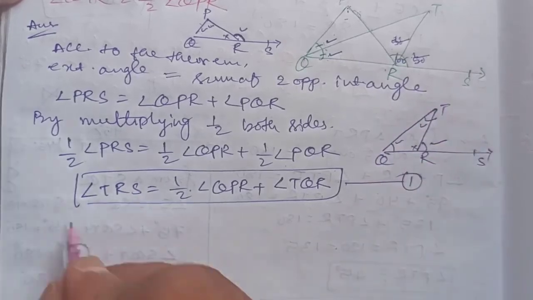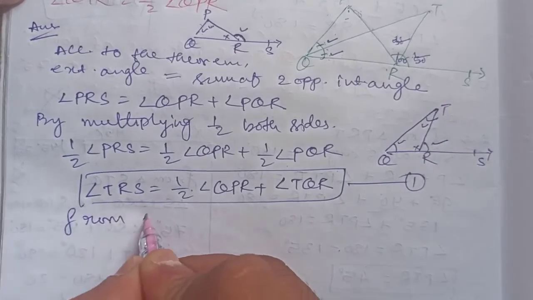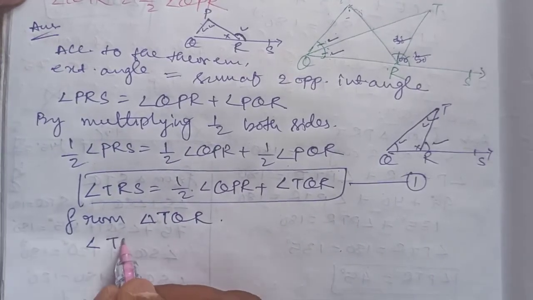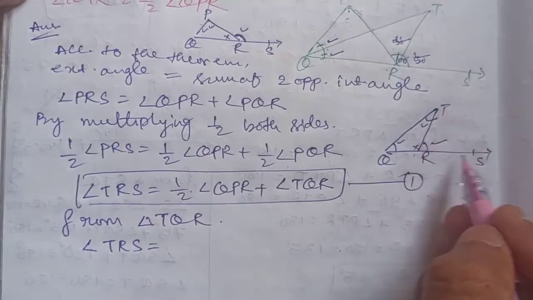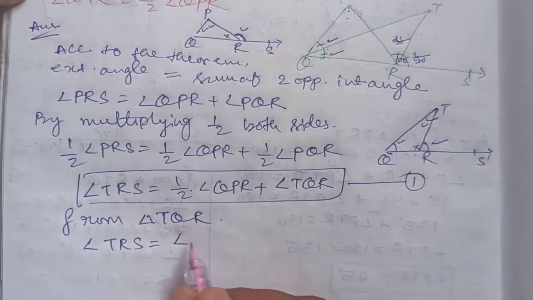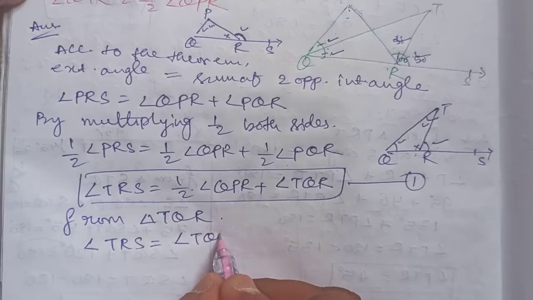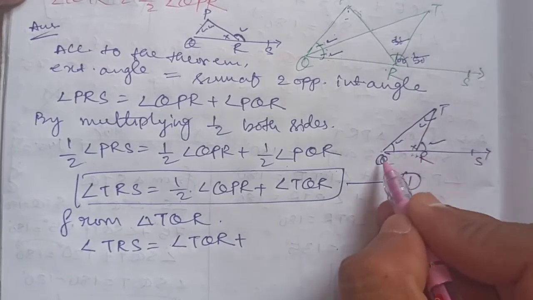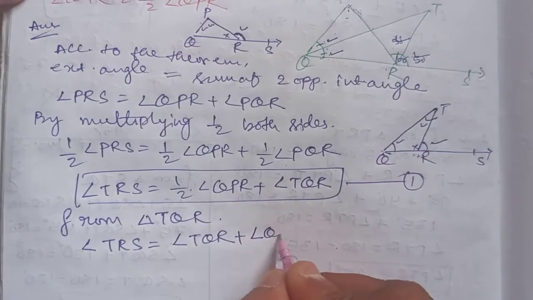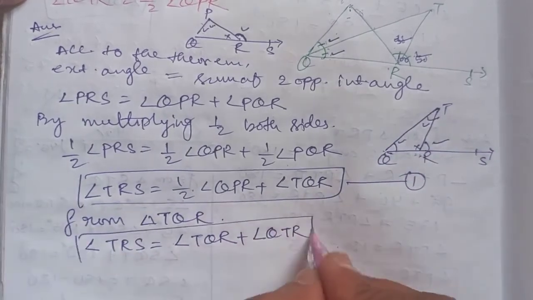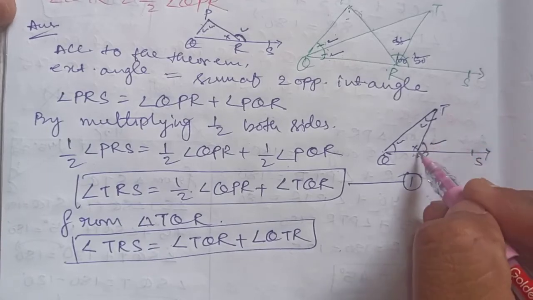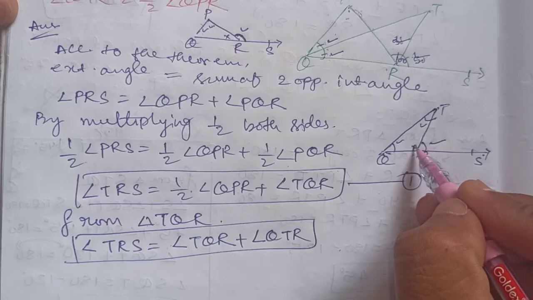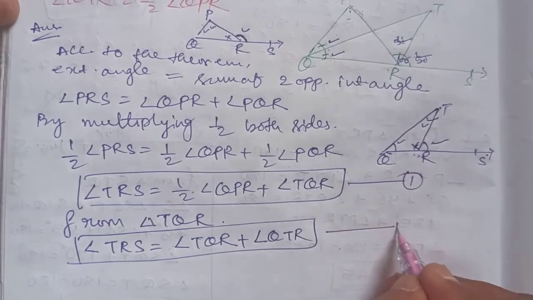So from triangle TQR, angle TRS equals angle TQR plus angle QTR. Don't write this angle. This is equation 2.